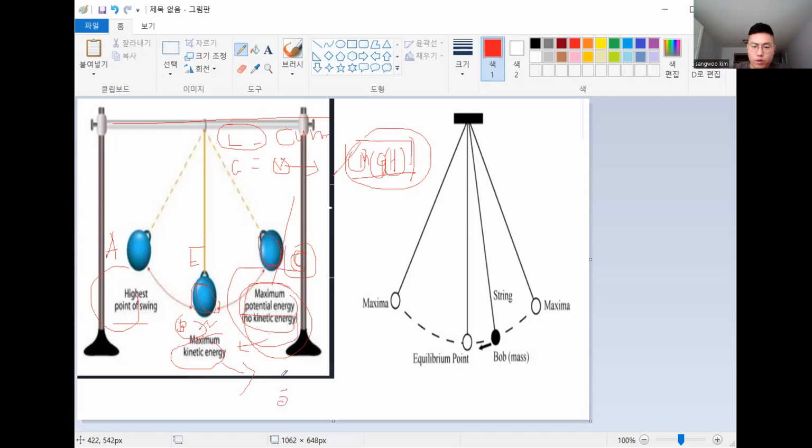This is kinetic energy. But what I mean is, it's kind of relevant. L is current, right? Current is electrons moving, so kinetic is also moving something, moving energy.